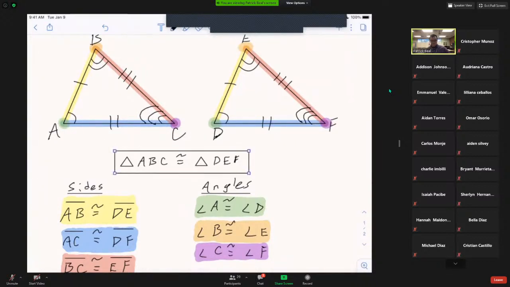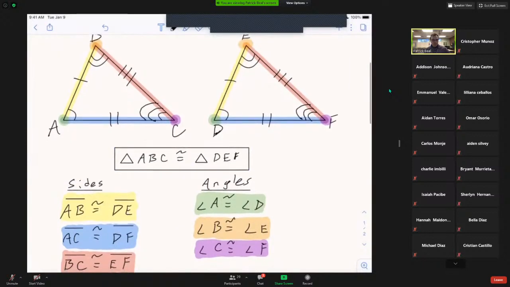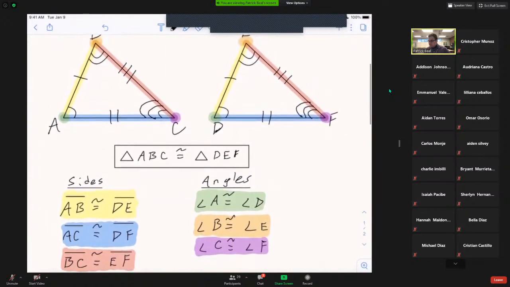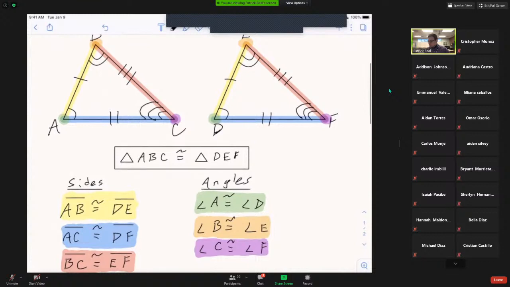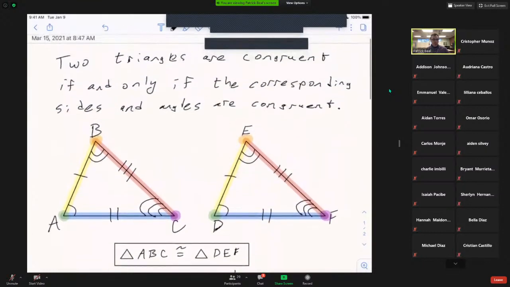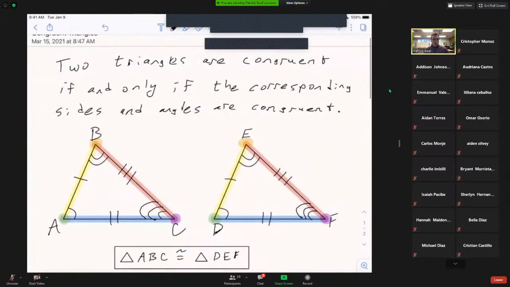Okay. Make sense so far? So that's what this sentence up here means: when we have 2 triangles that are congruent, that's if and only if the corresponding sides and angles are congruent.